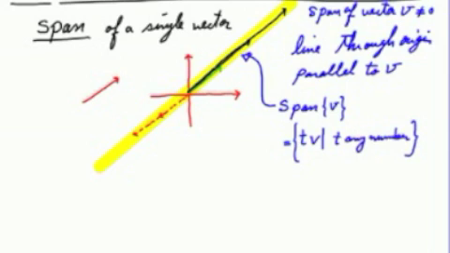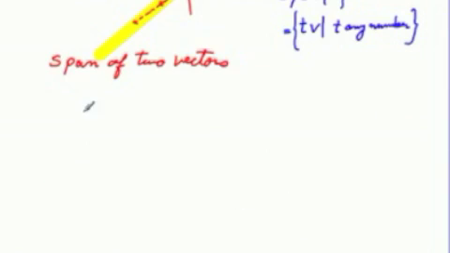Going on to the next idea, what if I have more than one vector, span of say 2 vectors? So in this case, for simplicity's sake, we start in 2 dimensions. Suppose you have some vector v and some other vector w.